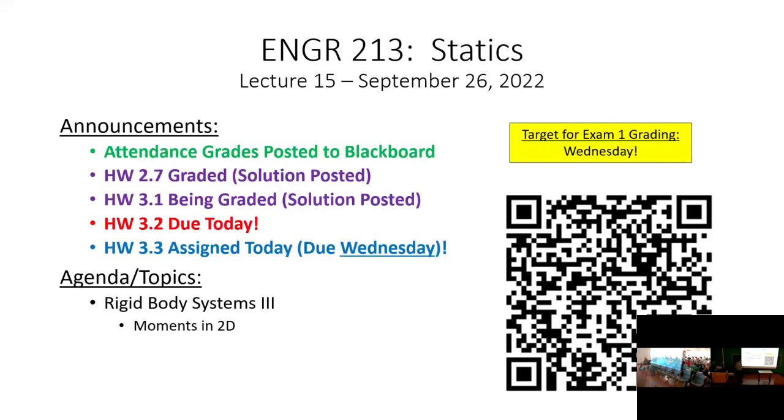Ironically, probably the most difficult problem on the entire exam was the last conceptual question: what is the length of i plus j plus k? A great many of you said 1, and that's not right. If I gave you the vector 2i plus 3j plus 5k, how would you determine the length?